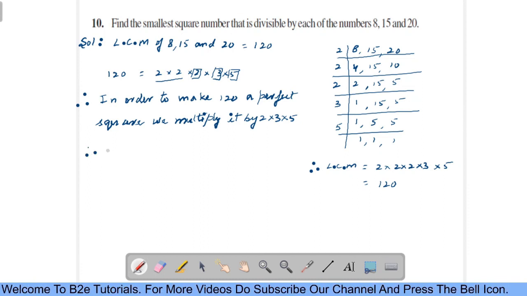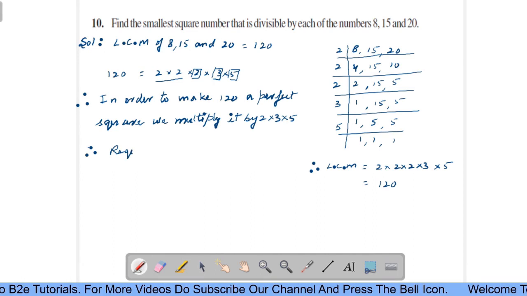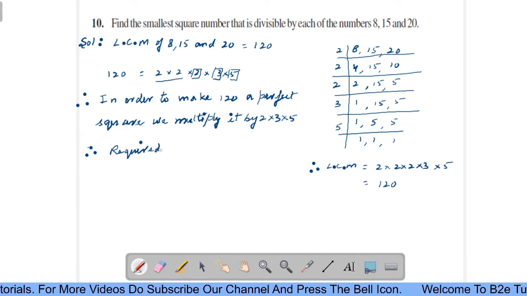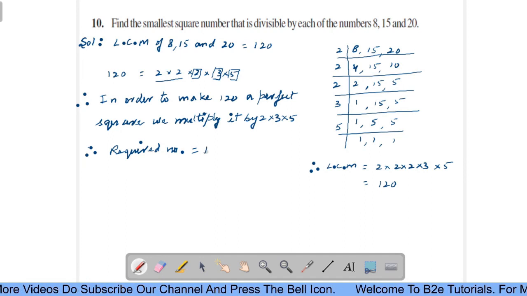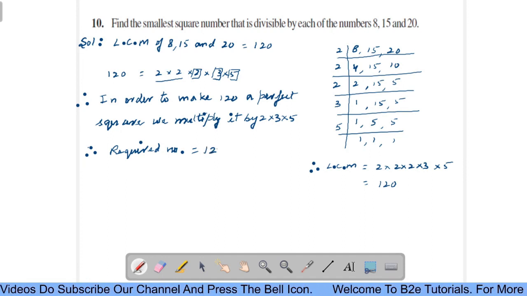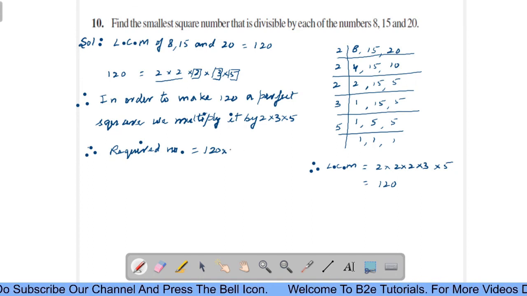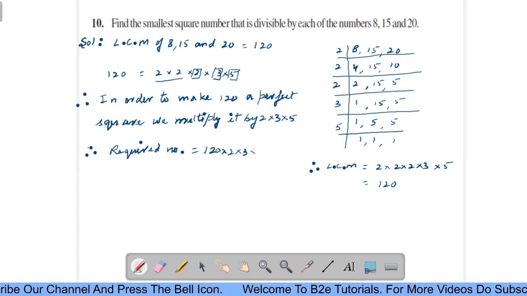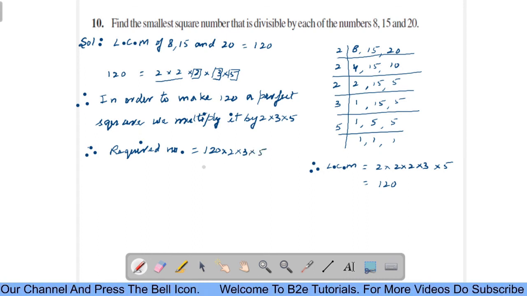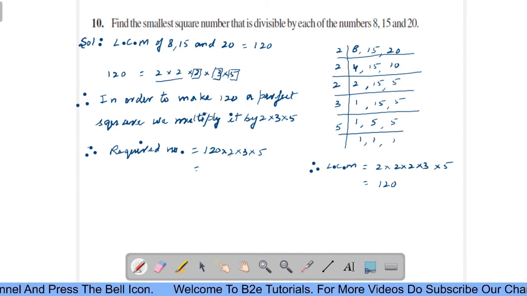Therefore, the required number is equal to 120 into 2 into 3 into 5. You will get 3600.